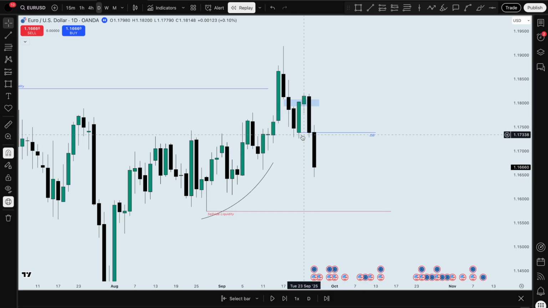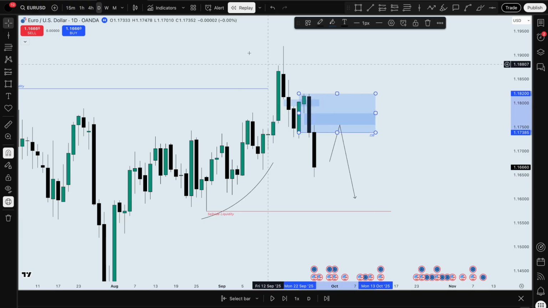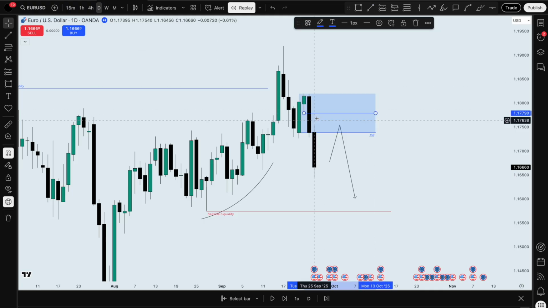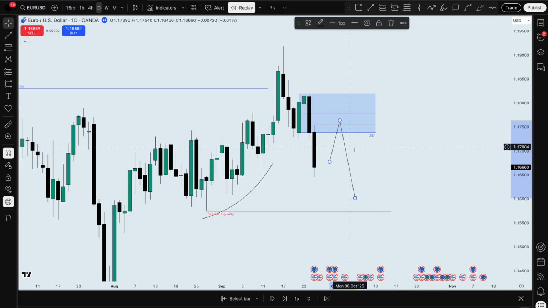We closed below these 2 candles, so this is an order block, and we also have a fair value gap here, so we will want to see price come up into the order block and the fair value gap, and then go straight down and take the sell side. So I'm just going to mark out the whole order block here, remove this and this, and this is the order block, and you have the FVG here, for example, like that, right?